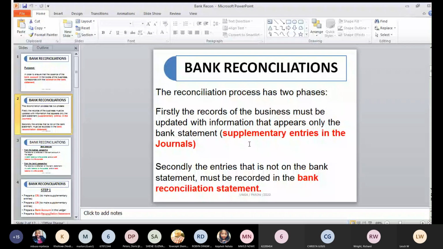So firstly, the records of the business must be updated with any information that appears only on the bank statement and not in the journals. And then we take a look at entries that are in our records that are not on the bank statement. And those entries will be recorded then in your bank reconciliation statement.